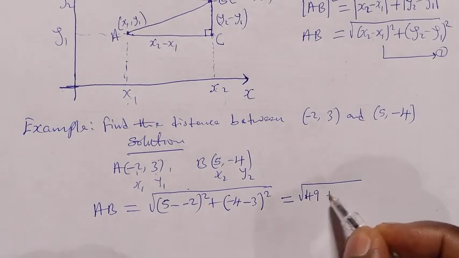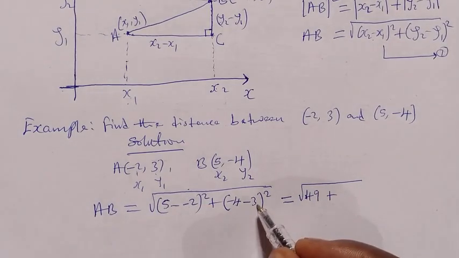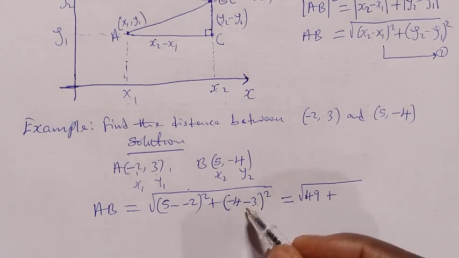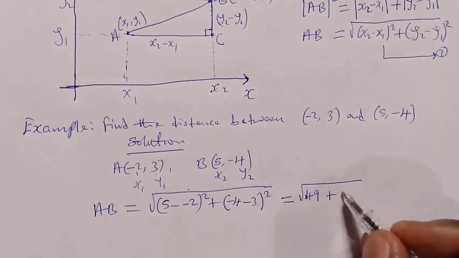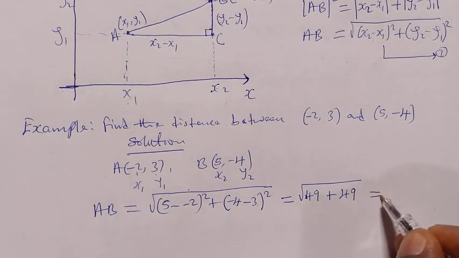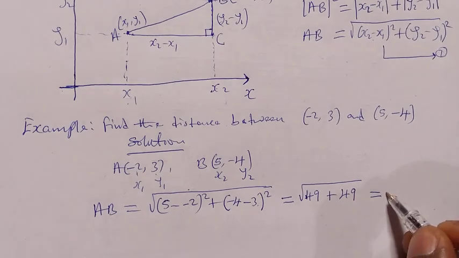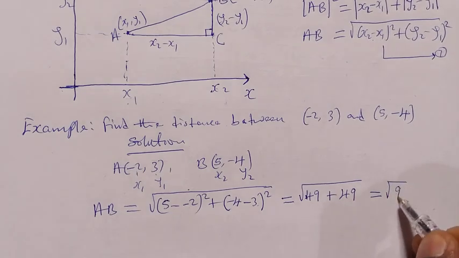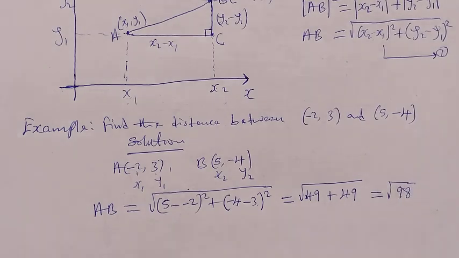Plus minus 7. When you square minus 7, it will be plus 49. So we can sum this together so that we have the square root of 98. Since it is 98, we can solve this by using the knowledge of surds.